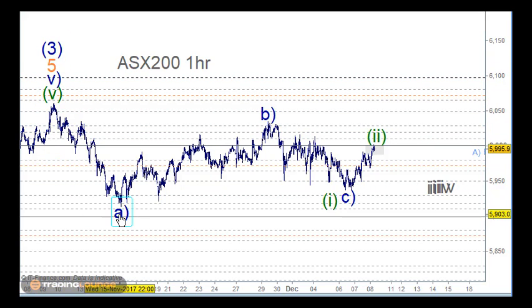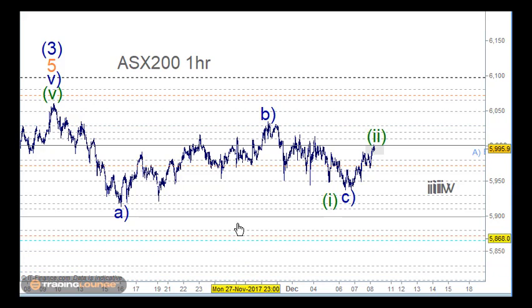This move down through here, I'm calling an A wave rather than wave 1, because if it was wave 1, then wave 2 here would be much smaller than this structure here. Wave 2 really takes up less time than wave 1, but we can see this is more time consuming than this first wave down. So I've got to put it as a wave B.